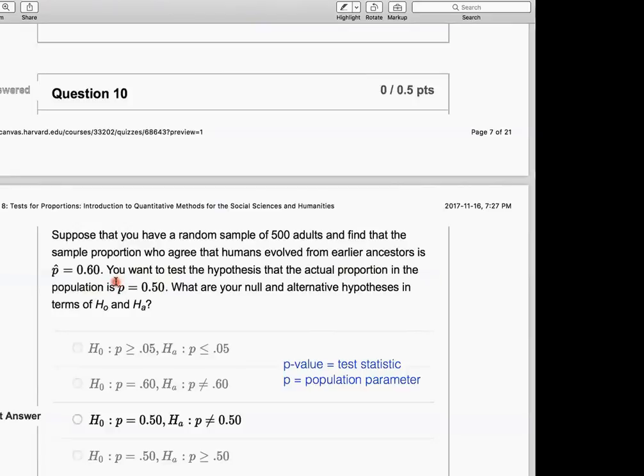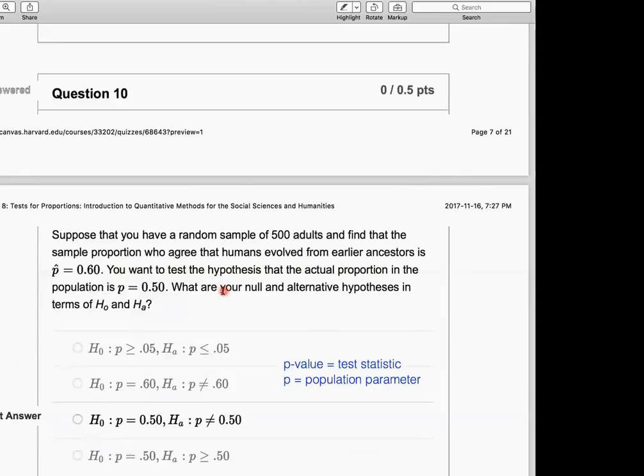The reason we want to frame our null and alternative hypotheses in reference to this unknowable but estimated true population parameter is because our interest is in knowing whether or not the true population parameter is 0.50.